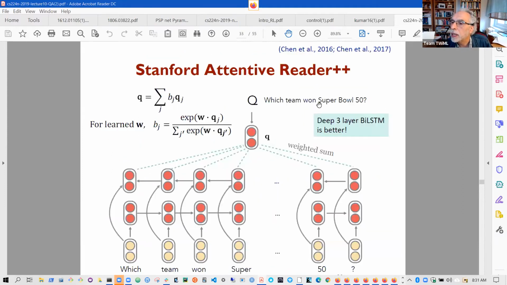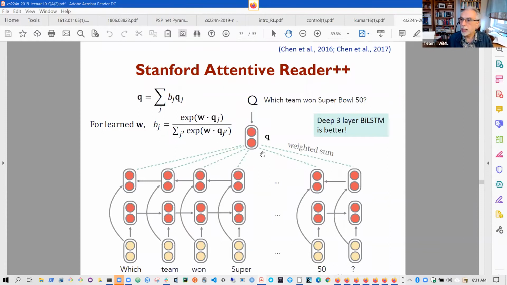I'm not sure if they say that anymore. A sentinel vector is just a randomly initialized vector, and that's this Q. Q is a randomly initialized vector, and then they learn the weights for this attention score. They don't go into much more detail about that.